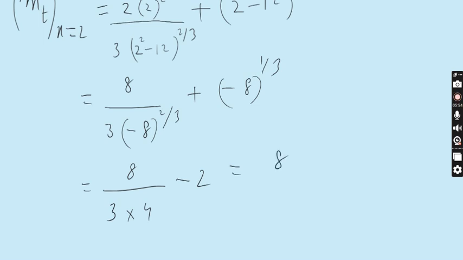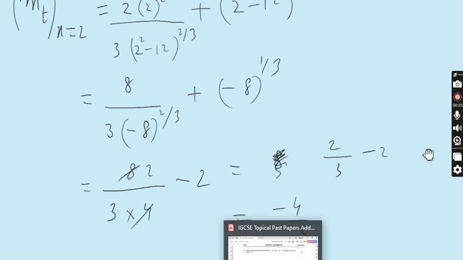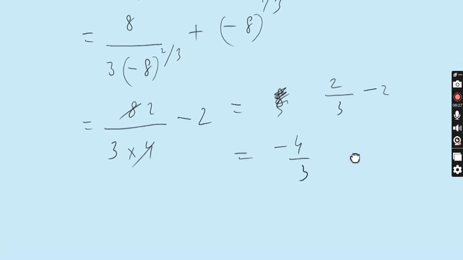So 8 upon 3 times 4 is 32 upon 3, minus 2, which is 6 upon 3... so the gradient of the tangent is minus 4 upon 3.